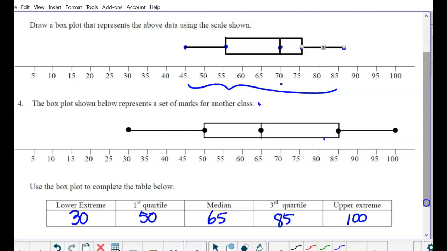These were above 30. Okay. So, you know, different things. Obviously, this is way more spread out than these ones. So the first class here is more, I guess you'd say, homogeneous. That means they are more similar. Okay, their marks are closer together. This one, they all range from 30% to 100%. Okay.